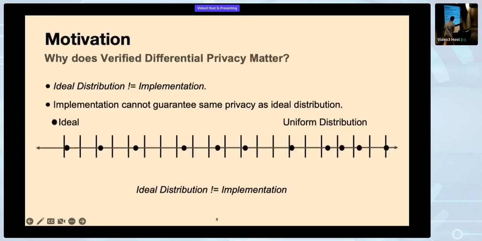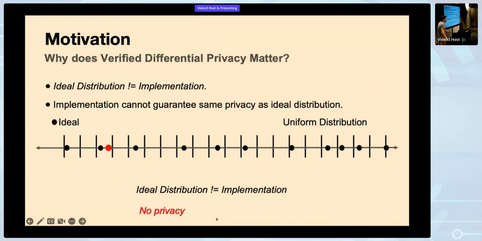Okay, great. So as I said before, the ideal distribution is not identical to our implementation, and the consequence is that the implementation can't guarantee the same privacy guarantee as our ideal distribution did. Now, the mismatch in probabilities is obviously of concern, but there's something even worse.